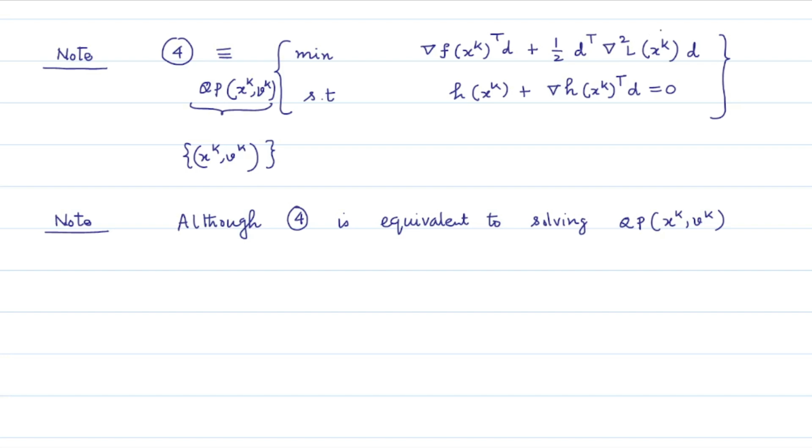And therefore inside this term the curvature information of the original objective function small f of the problem capital P is hidden inside of this term.